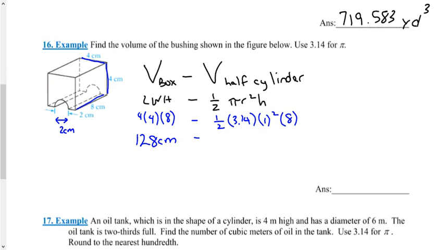And again, that 1/2 is out there because we just want half of a cylinder. We're just chopping out the half, a semi-cylinder, I guess is the best way to think about it. So I got 12.56. Now that seems pretty small.